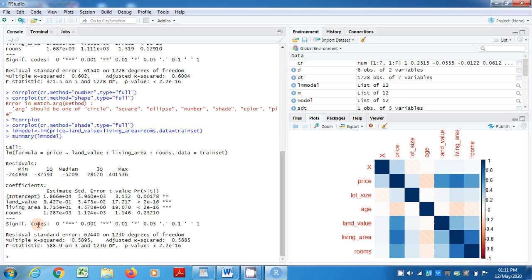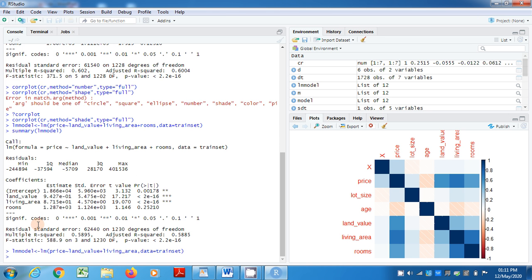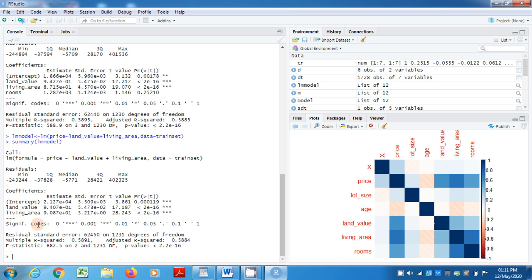We'll try to remove that rooms also. So land value and living area. Right, so these are the strongly correlated values on price. These are indicated by star marks.